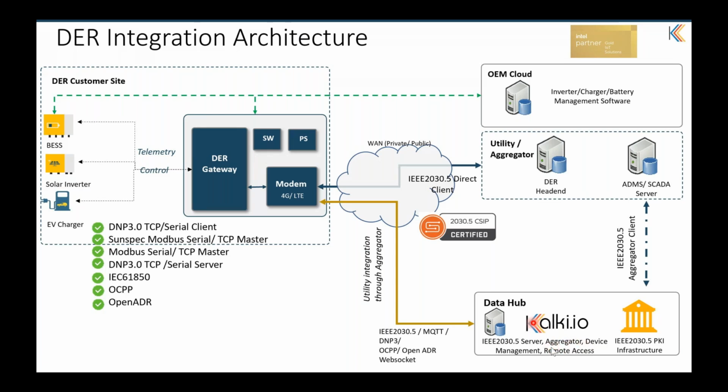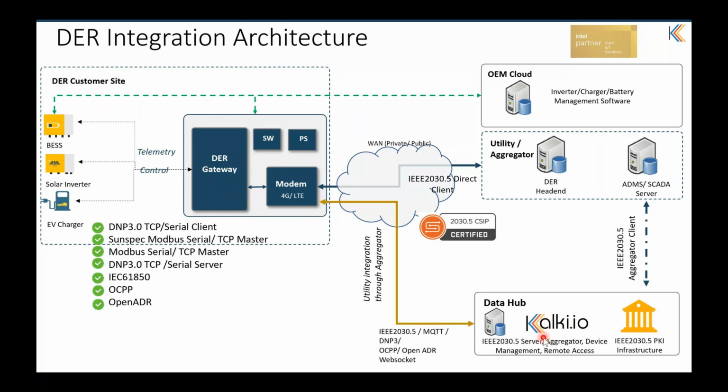It also aggregates the data and sends it to the utility on the 2030.5 aggregator link. So there are two possible ways of connecting the field with the utility, either directly or through an aggregator, a third-party aggregator or cloud-based aggregator, which aggregates the data and sends it to the utility system.